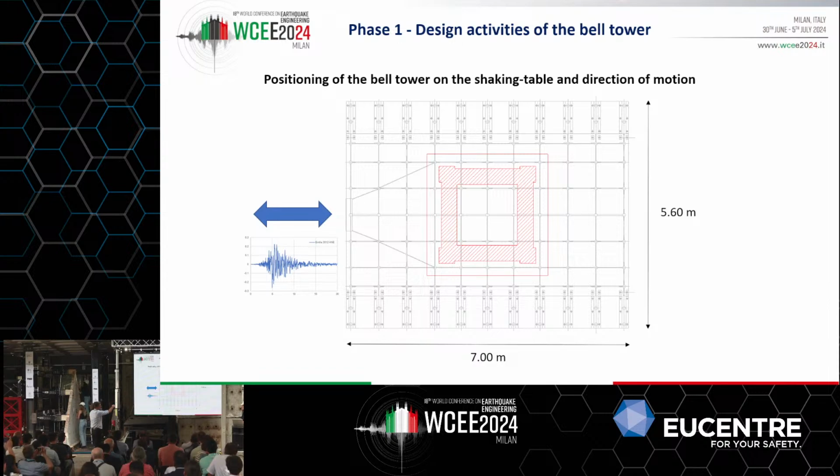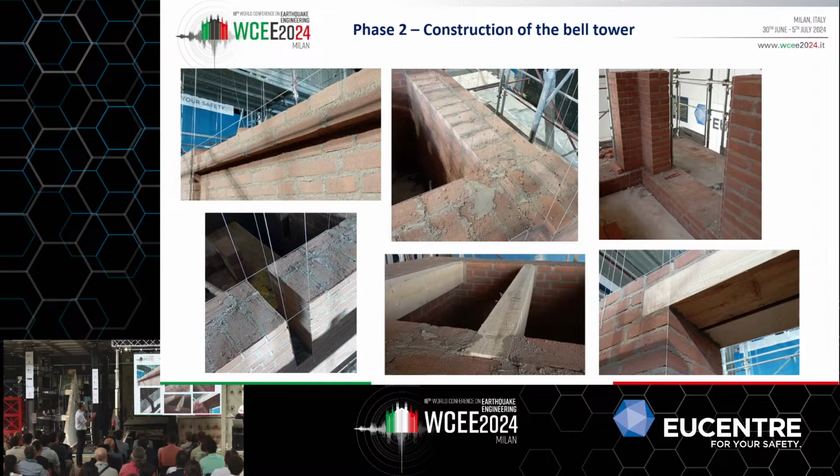As you see, the tower was placed exactly in the center of the shaking table, and as you know, in this case, the shaking table moves in one direction only. This is just some construction details of the bell tower. You can see here the ring beams, the narrow windows, the timber joists, the lintels of the structure.